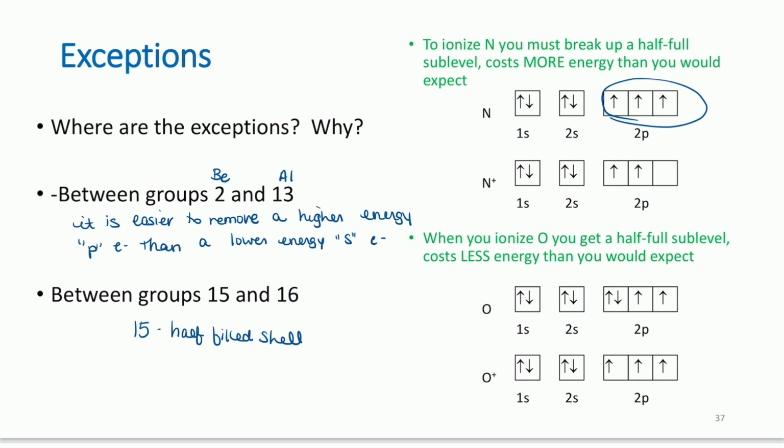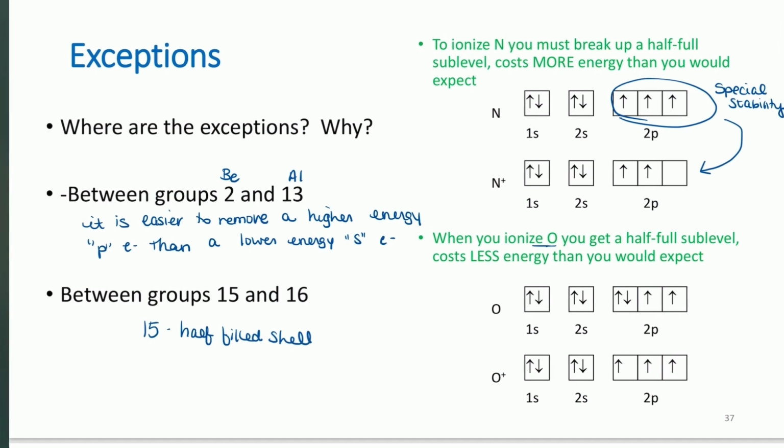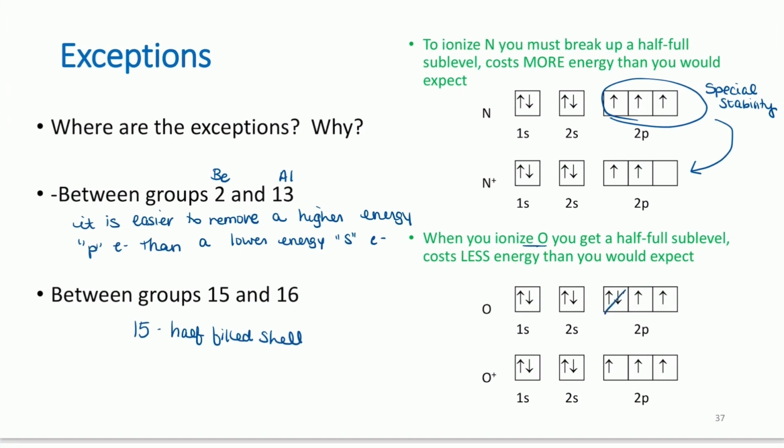This costs more energy than you would expect because this has a special stability. When you ionize oxygen, you get a half-filled subshell. So ionizing nitrogen is going from this to this, you're destroying that half shell. For oxygen, you're getting rid of this electron, you're forming a half-filled shell.